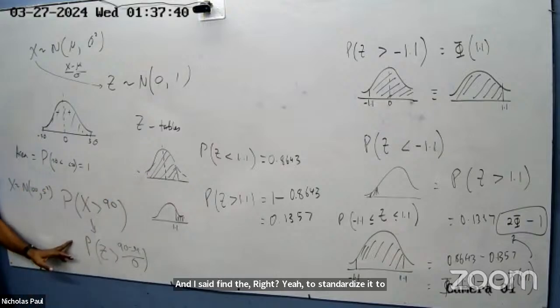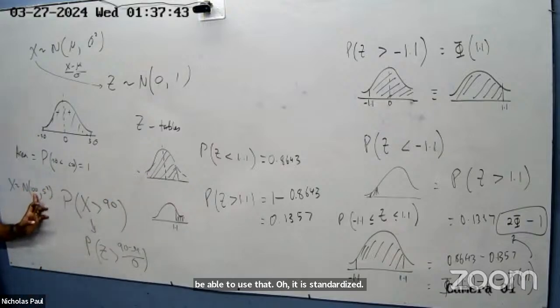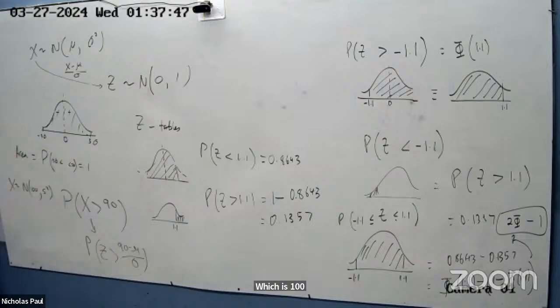How do we standardize it? You minus the mean, which is 100, and divide by 5. And then you go to the table. Sometimes now you have to work in reverse.